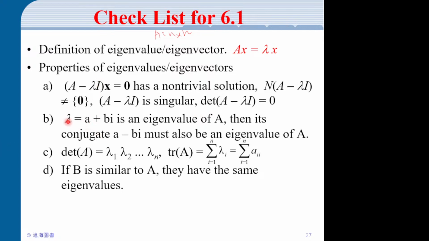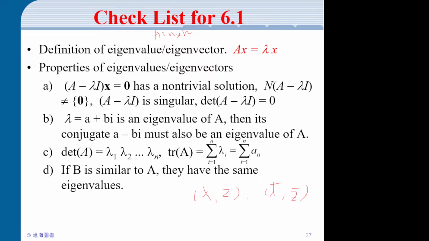If you have a complex eigenvalue, then its complex conjugate is also an eigenvalue, and if you have eigenvector z, then z bar will be the associated eigenvector. So if lambda, z is a pair, then lambda bar, z bar is also a pair.